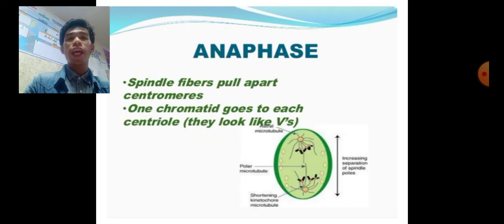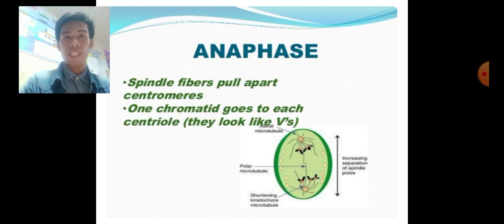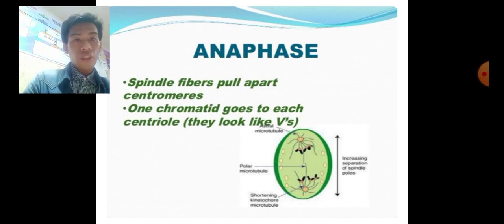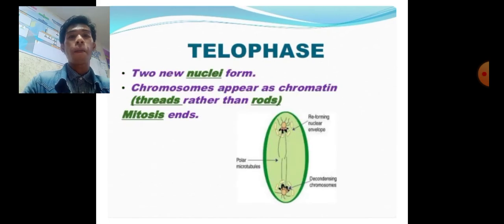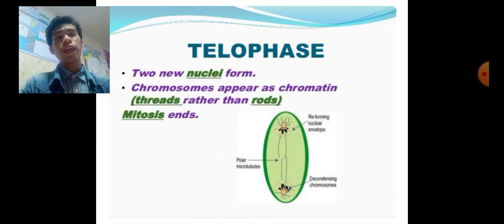So we have here also the anaphase. The spindle fibers pull apart the centromeres. Then once each chromatid goes to a centriole, they look like this. As you can see in the illustration, it pulls the chromatids apart to each centriole. So we have here the telophase.